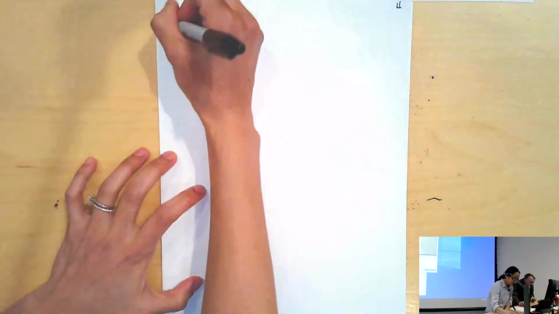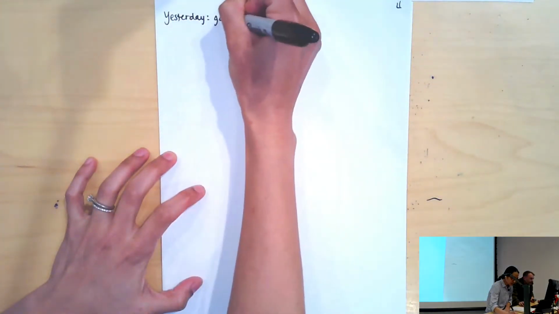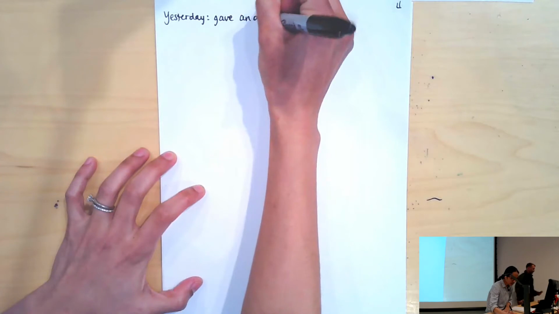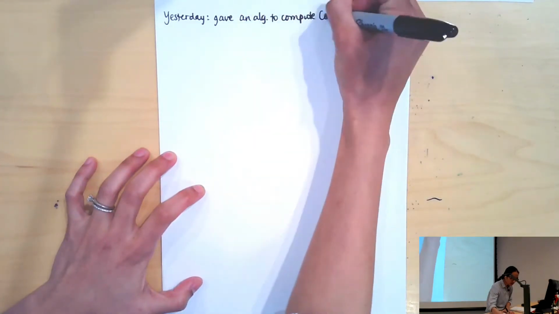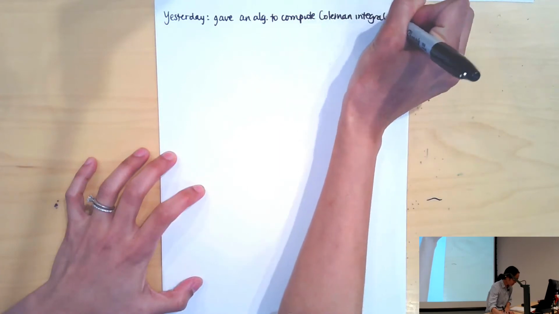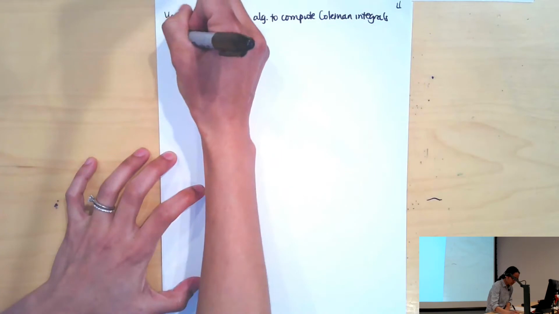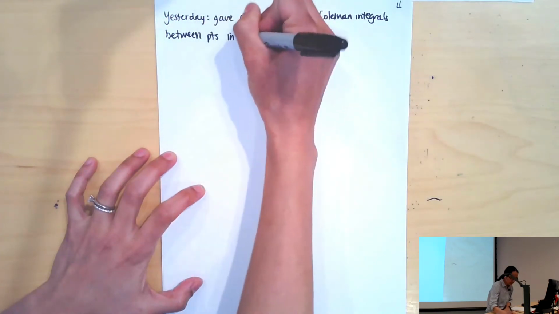All right, thank you. So yesterday, we gave an algorithm to compute Coleman integrals between points in different residue disks.